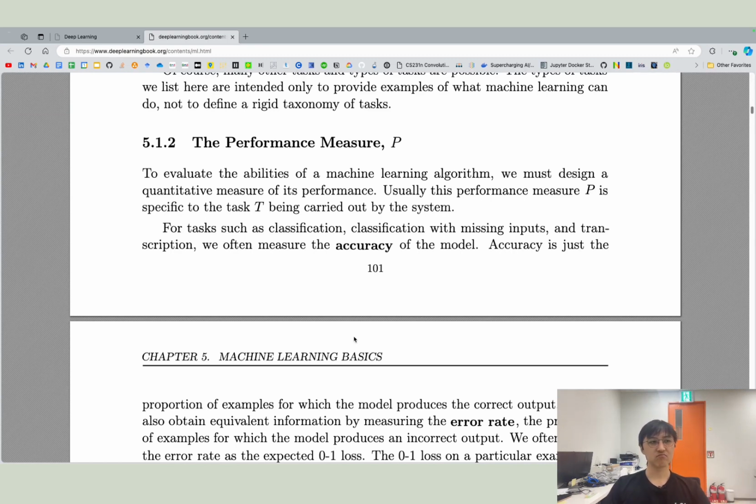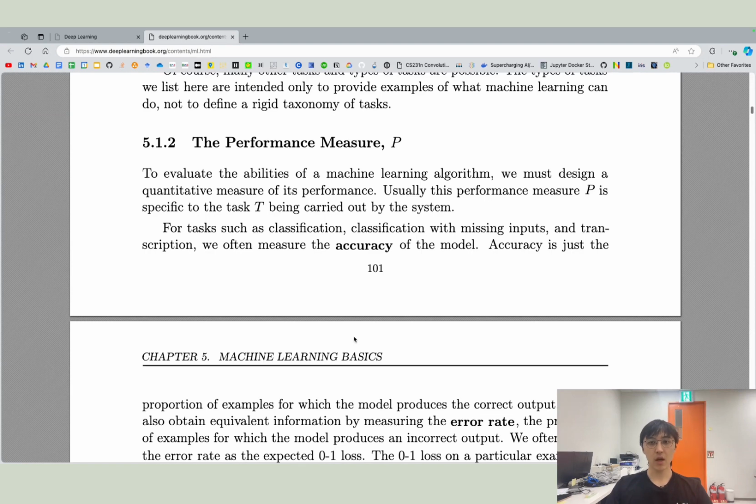So for classification, we use the accuracy metric as a performance measurement. For regression, we usually use mean square error or mean absolute error, and there are many different kinds of measurement metrics, and it is very important to choose the right one.